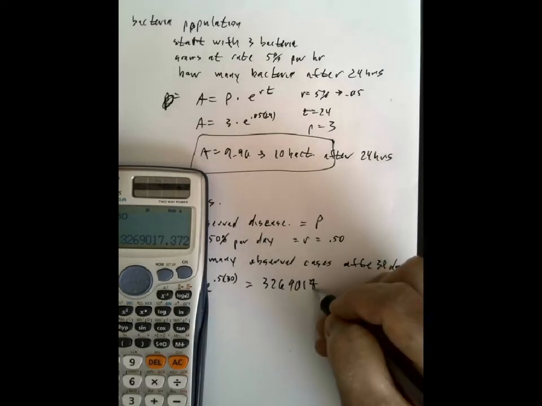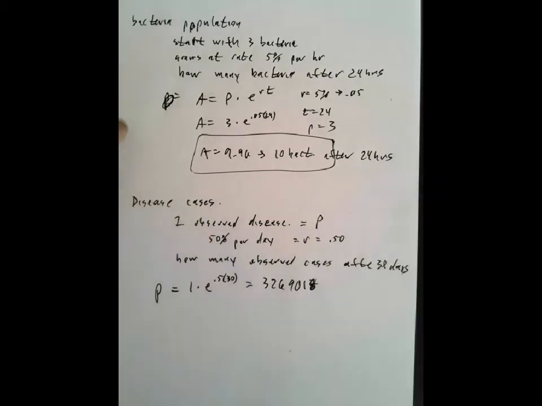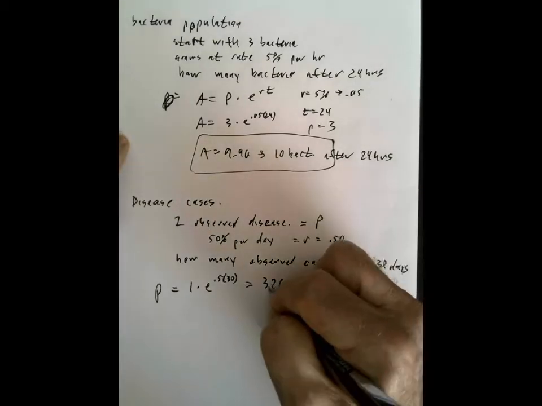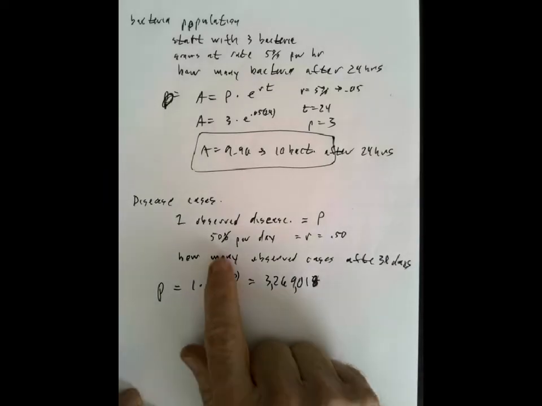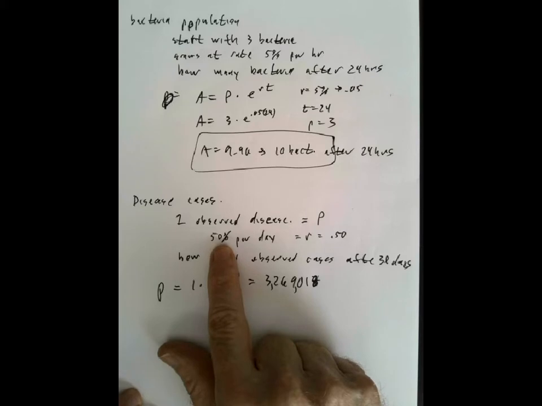Okay, round it up to 3,269,000 cases and 18 cases after 30 days. Oh boy. So now maybe you have some idea of why medical professionals are yelling about this on the TV. One way to think about flattening the curve, when they talk about that, is to decrease that growth rate.